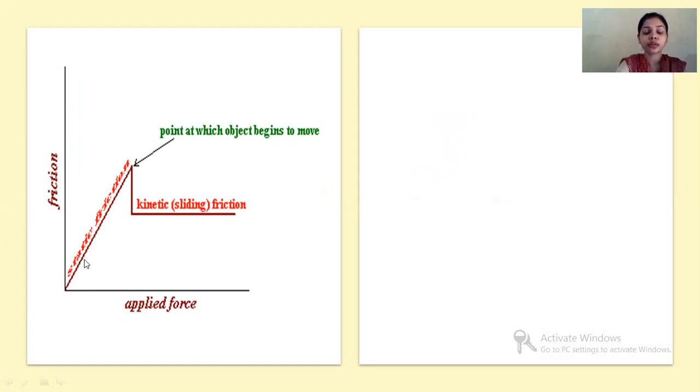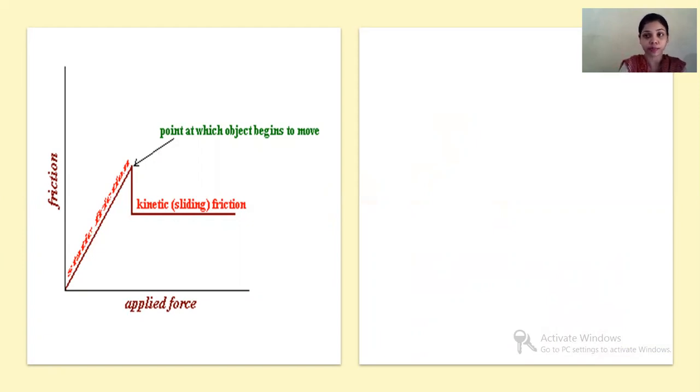Now, when you give a push force, at the same time the frictional force also increases. If you give a greater force, the frictional force also opposes it. But this happens only up to a certain limit, a particular point. Up to there the condition is balanced and the static friction is present.